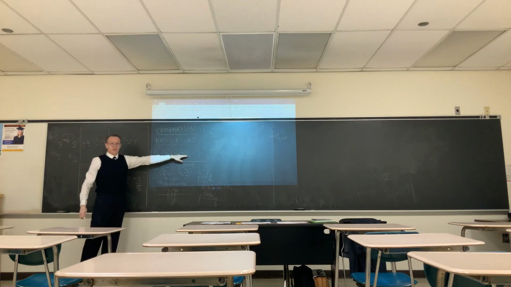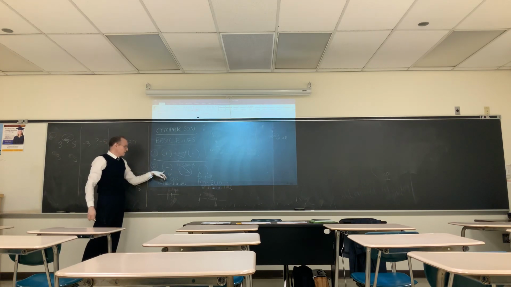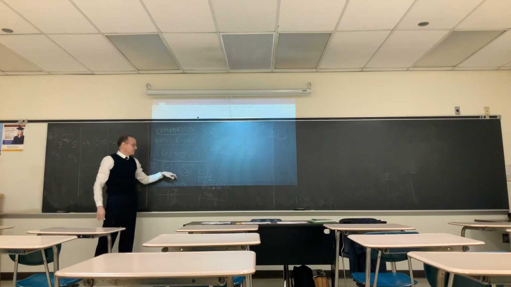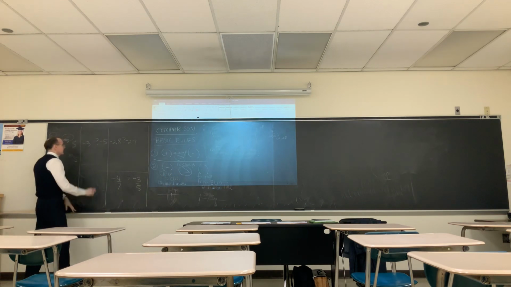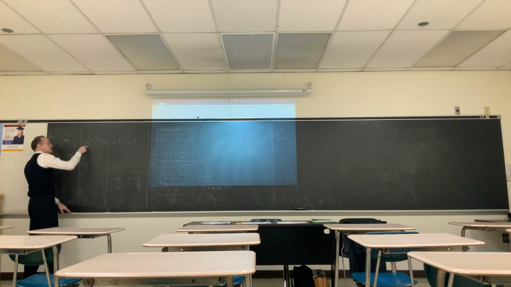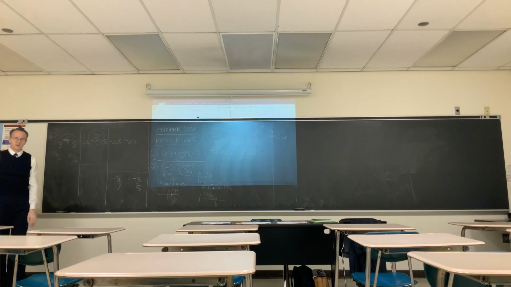Positives are always greater than negatives, but neither of them is positive in this case. But a negative that is closer to 0 is greater than a negative that is farther from 0. In that case, -3 is actually greater than -5, right? Because it's closer to 0. It's closer to the positives, you might say.